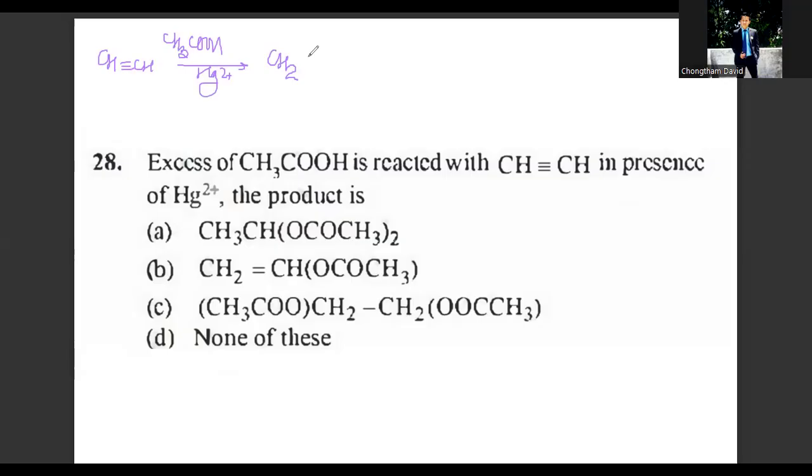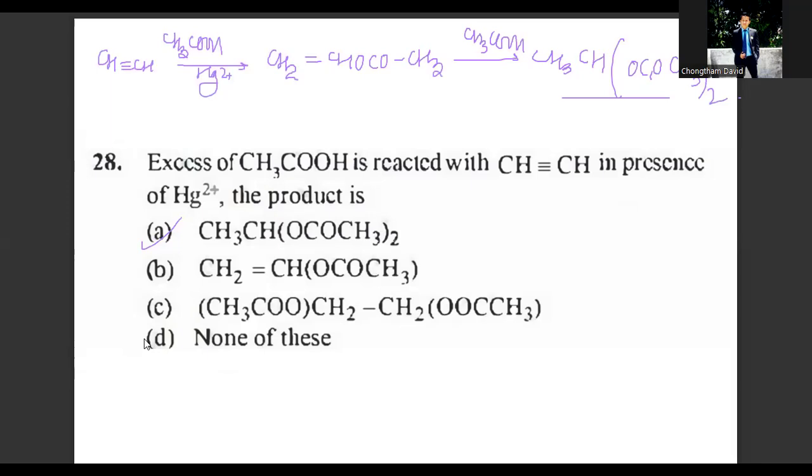So now what happens here? This product will be formed initially, and subsequently it adds acetic acid. The final product will be this. Okay, so the answer for question 28 will be, you have to find this formula, option A.